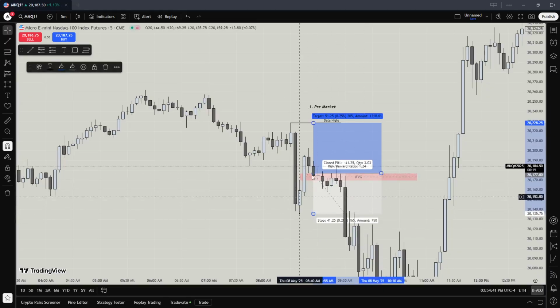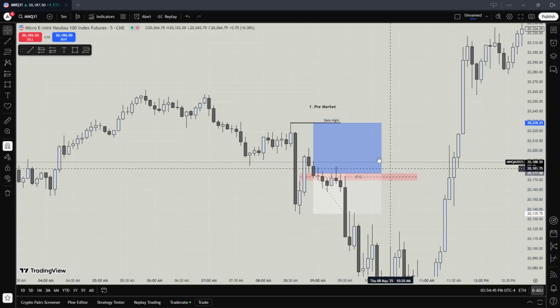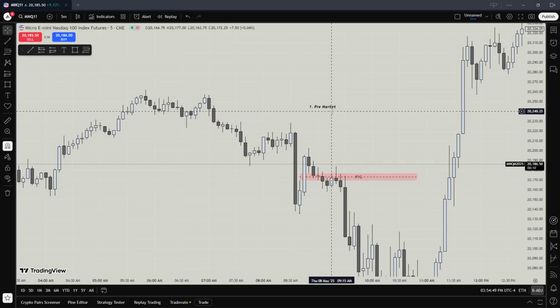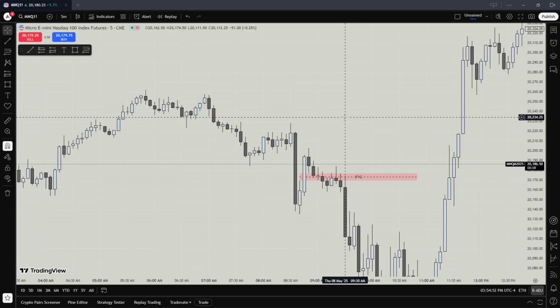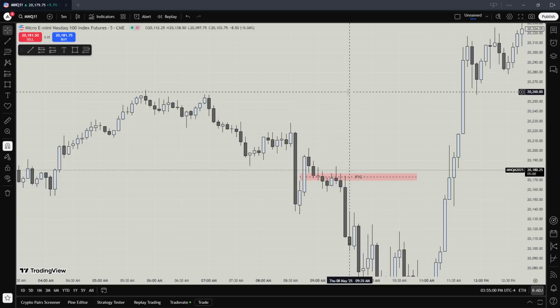There's no reason to have your stop here, right? Because if it disrespects your PD array, if it closes below this box, it's going to continue down. That's invalidating your trade. Therefore, close it. Cut your losses. Even if it somehow goes up, let's pretend it does. Let's say it inverses this and then goes up. I mean, it's a decent trade, right?